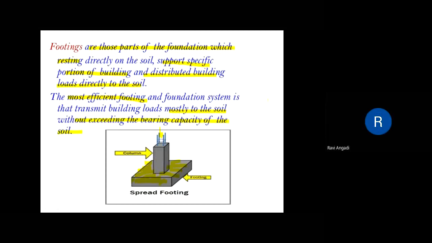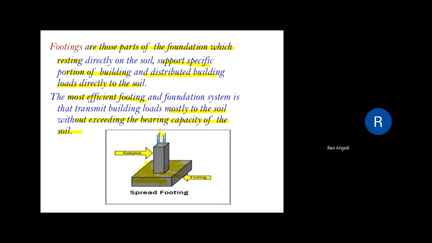So before transferring the load from the column to the footing, first you need to understand the bearing capacity of the soil. Whatever bearing capacity of the soil you calculate, the load coming from the column to the footing should not exceed it. You have to take care of that.